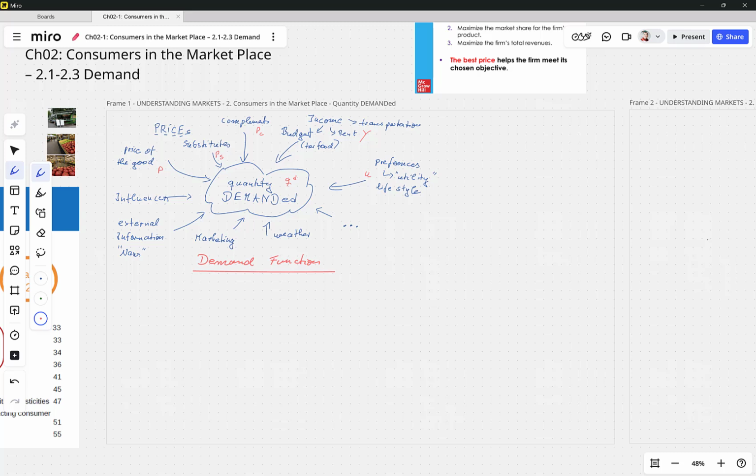We often write that the quantity is determined by this in a mathematical way, saying the quantity demanded is a function of the different prices, the income, and so on.